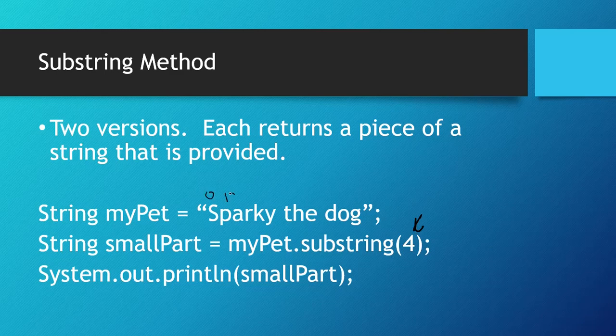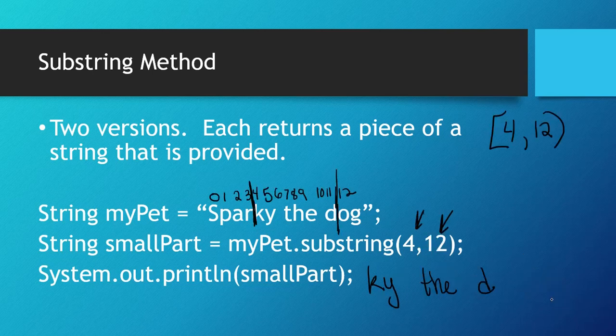So 0, 1, 2, 3, 4. I'm going to start at K, and I'm going to completely go to the end. So I would print "KY the dog". So if you have one number, that tells you where to start, and then you go to the end of the string. If you have 2 numbers, that tells you when to start and where to end.